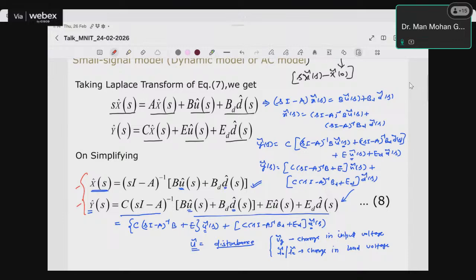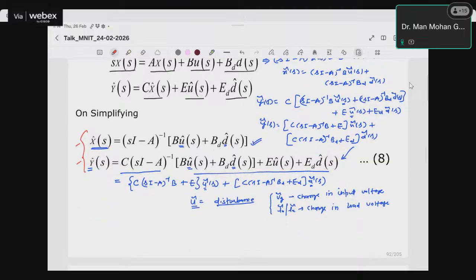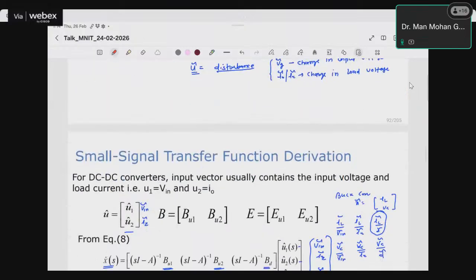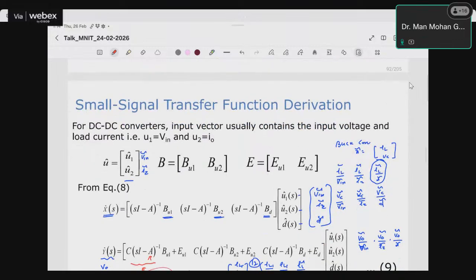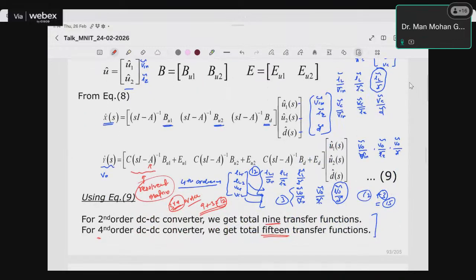So we discussed the various possibilities of transfer functions using these two equations, and then we also said that it is not necessary that all the transfer functions should be obtained, right? But yes, the transfer function with respect to duty cycle is very important from the control design point of view, that we will see in coming lectures, how to design the controller using transfer functions. All right, so these were the various combinations which could be obtained.